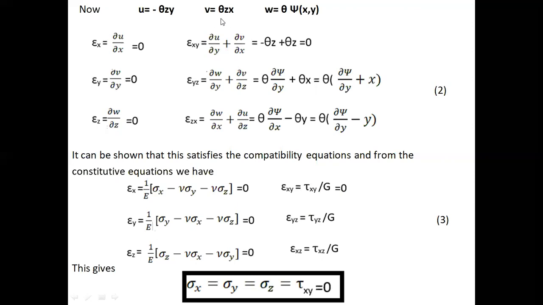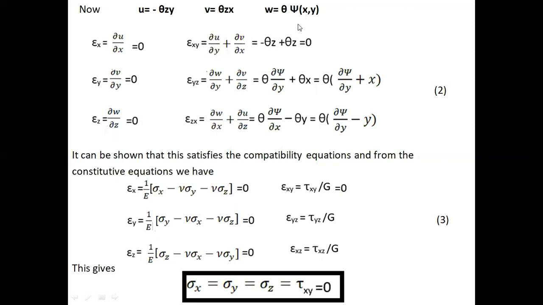If you differentiate v, or theta zx, with respect to y, that also becomes 0 because there is no y component here. And then epsilon z is del w by del z, where w is theta psi xy.